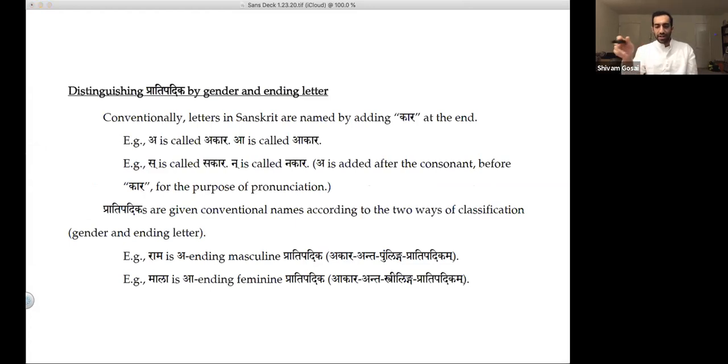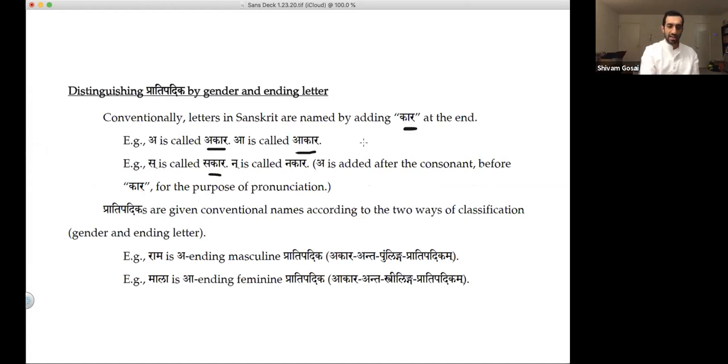So conventionally, letters in Sanskrit are named by adding kara at the end. Kara. So a is called akara. Sa is called sakara. We just add this kara at the end to refer to that letter.